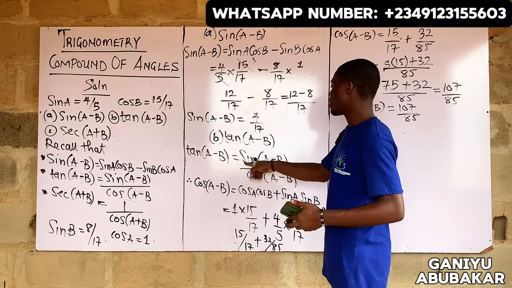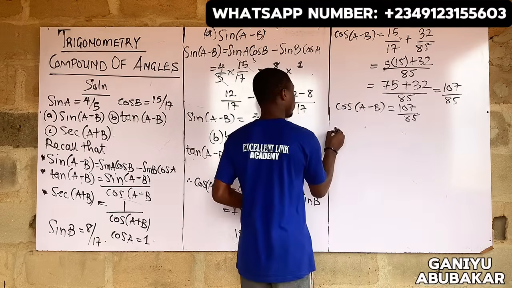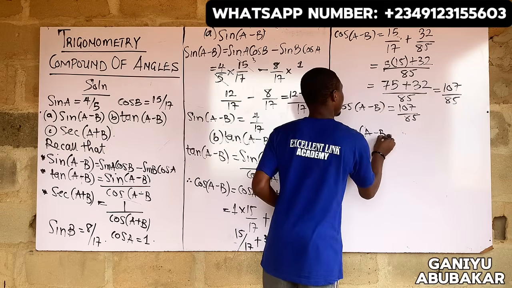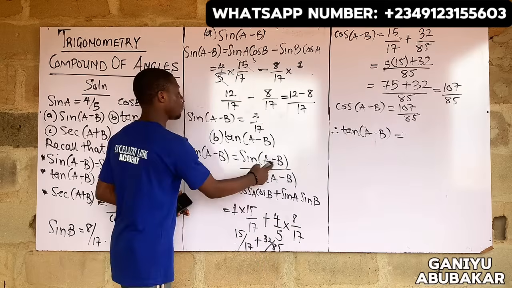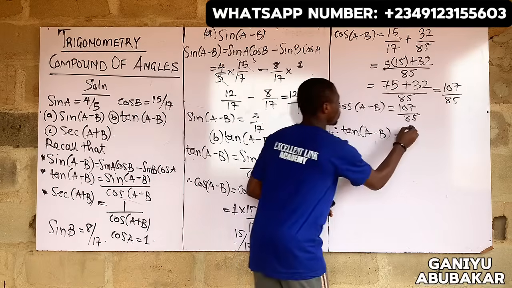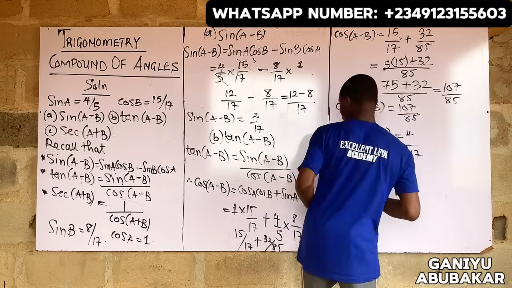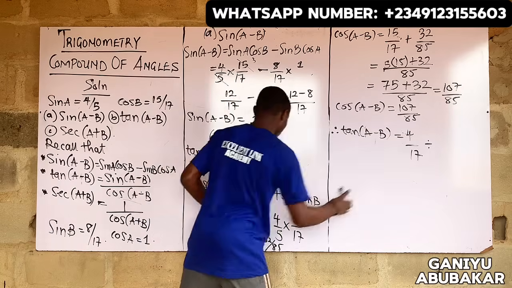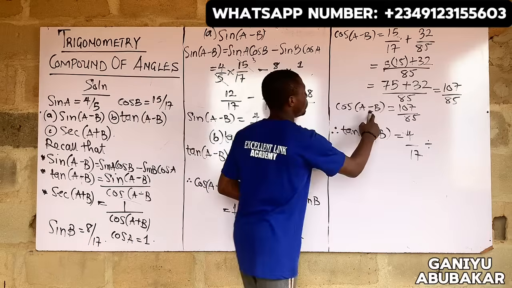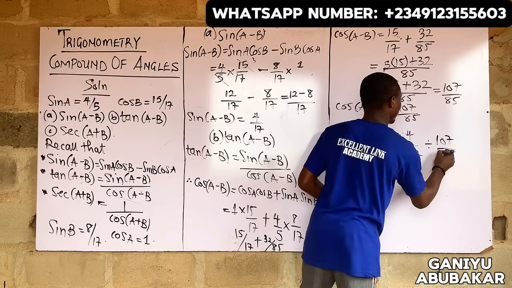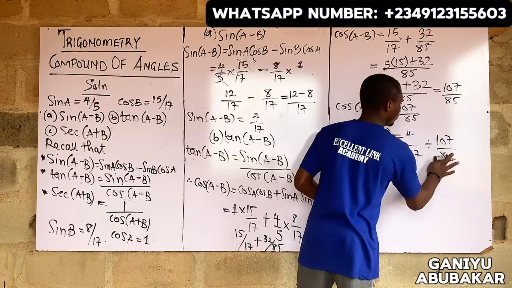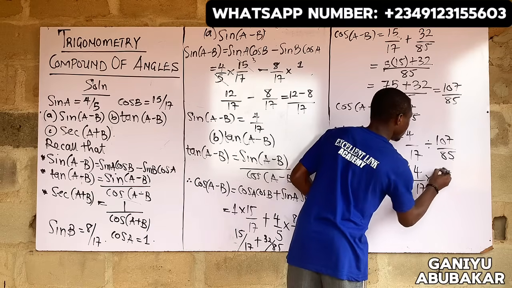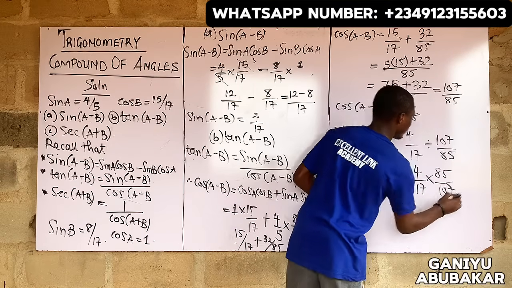So I'm looking for tan A minus B. Tan A minus B will be equal to sine A minus B, which is 4 over 17, divided by cos A minus B, which is 107 over 85. So I have 4 over 17 times 85 over 107.